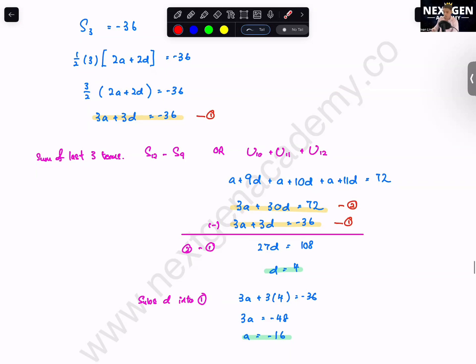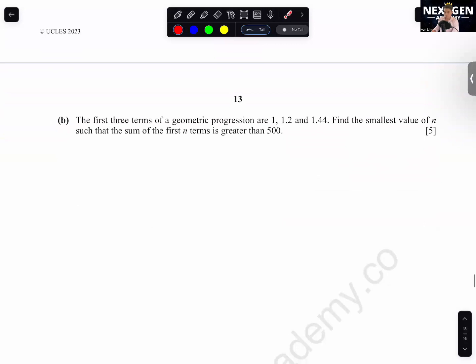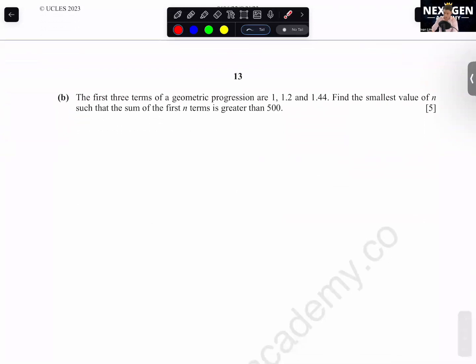Okay, so for question B, this is on geometric progression. The first 3 terms of a geometric progression are 1, 1.2, 1.44. Find the smallest value of n such that the sum of the first n terms is greater than 500. First 3 terms are 1, 1.2, 1.44.